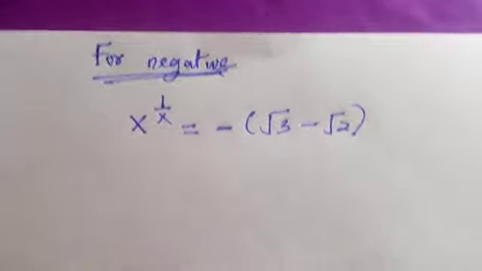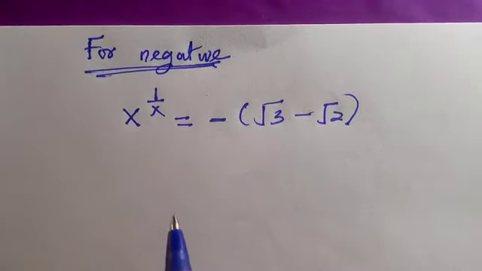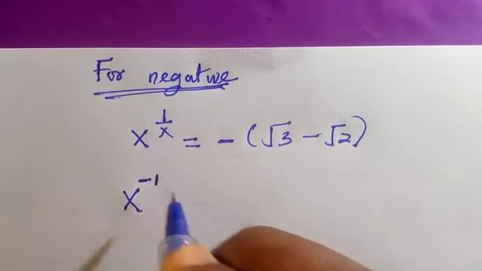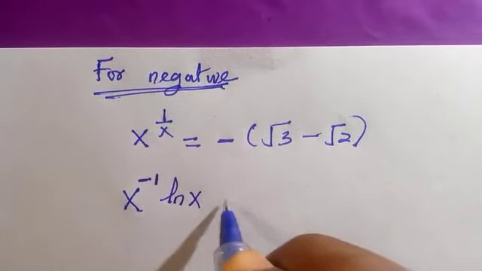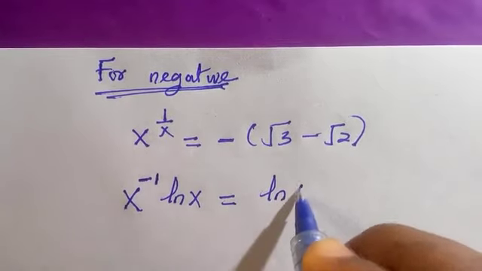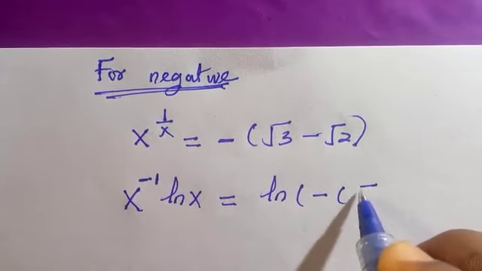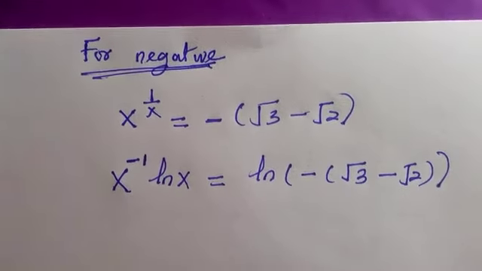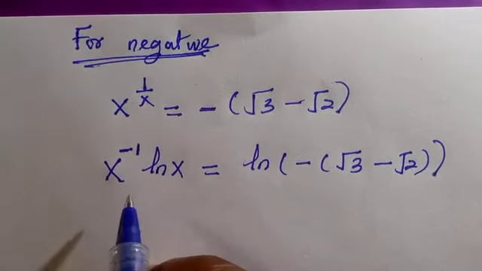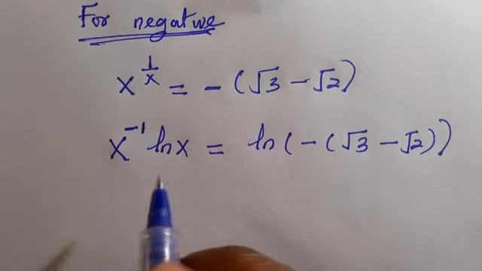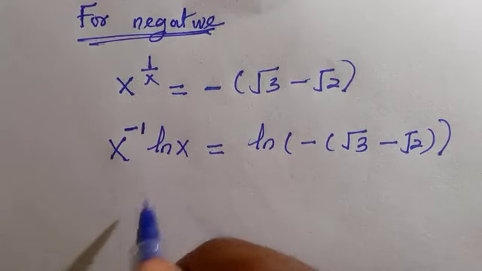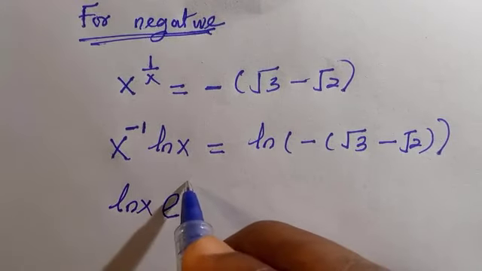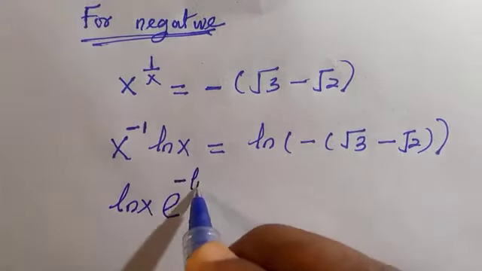So for the negative values, we have x raised to 1 over x equals minus (root 3 minus root 2). By applying the same approach, we have x raised to minus 1, ln x equals ln of minus (root 3 minus root 2). For this one, by introducing the same approach as the first one, we have ln x, e raised to the power of minus ln x.